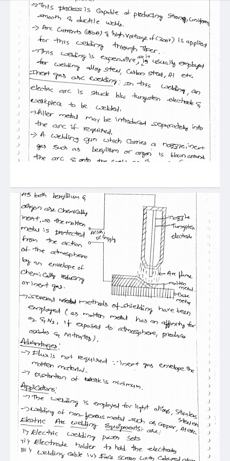A welding gas which carries is introduced, such as helium or argon. Both are chemically inert, so the molten metal is protected from the action of the atmosphere by the chemically inert gas.